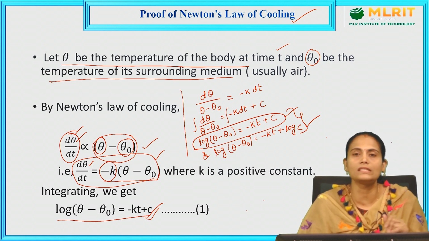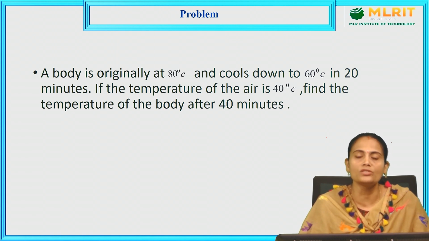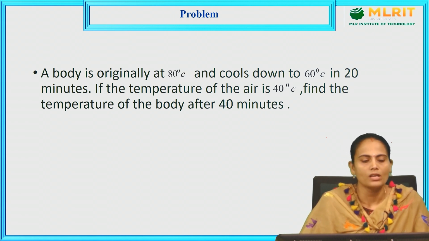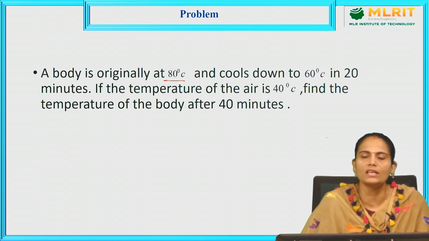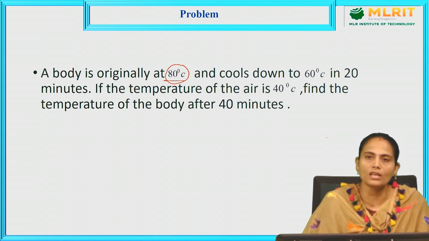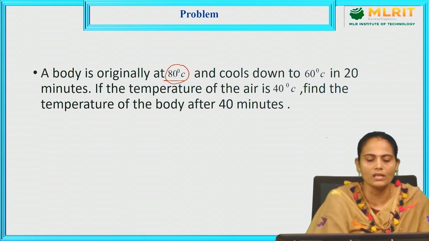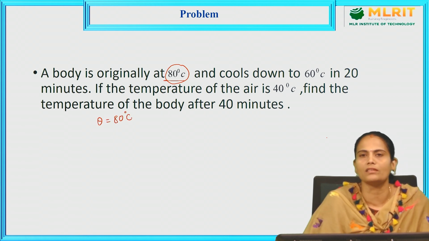Right, now we will see one example or one problem on Newton's law of cooling using the first order, first degree differential equation. So now see the question. A body is originally at 80 degrees centigrade. Originally means initially. Initially, the temperature of the body, that is theta, is equal to 80 degrees centigrade.